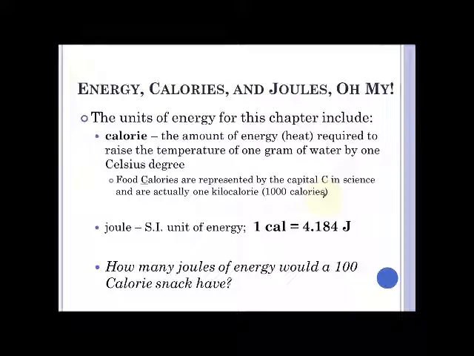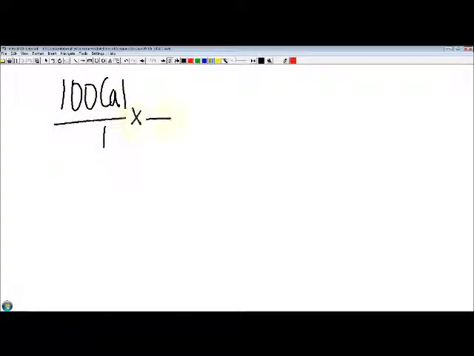You have a little bit of space down there. So if we know that we have a 100 calorie snack, and that's a big C calorie, we're going to put that over 1. We're doing dimensional analysis, by the way. So we start with what we know over 1.